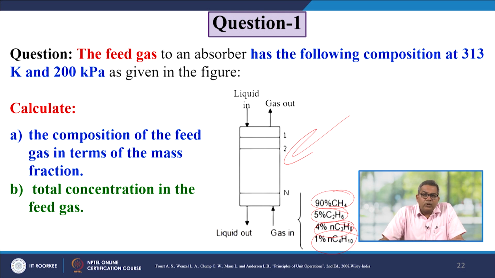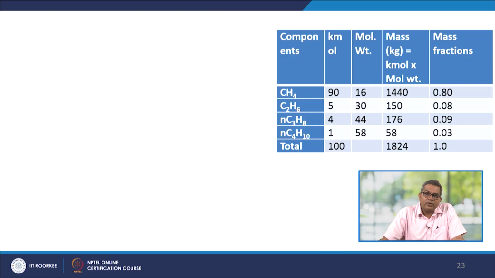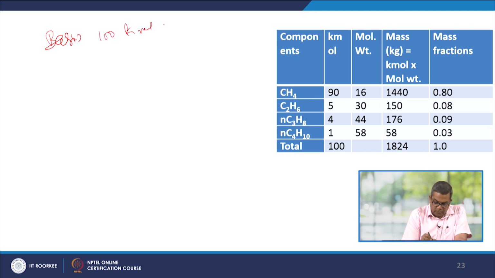You need to calculate the composition of the feed gas in terms of mass fraction and the total concentration in the feed gas. For this we need to take a basis of 100 kilomole of feed gas mixture.